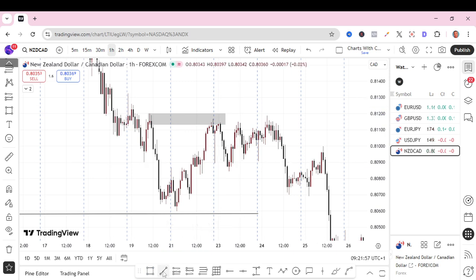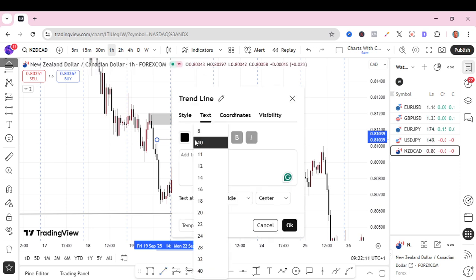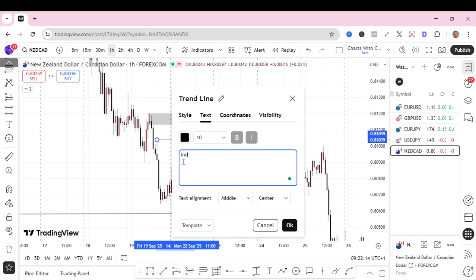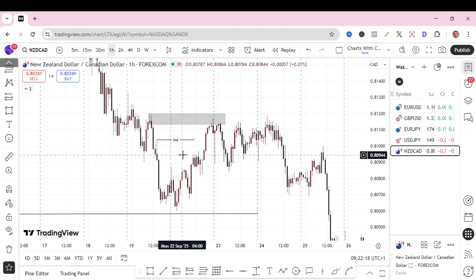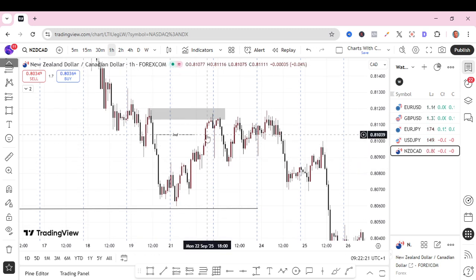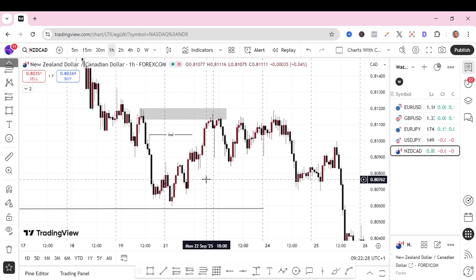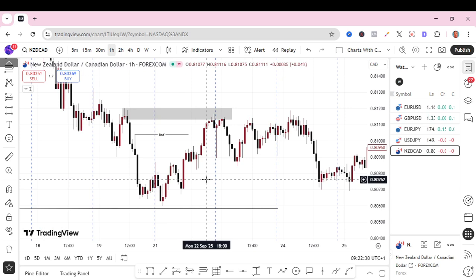And if you look closely, this is a pullback. This could be an inducement, this pullback here. Price took it out, and if you don't know why it's a pullback, just subscribe to this YouTube channel because I'll be making videos on identifying valid and invalid pullbacks.